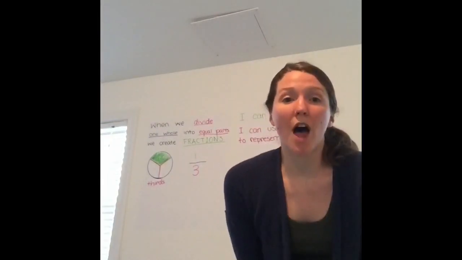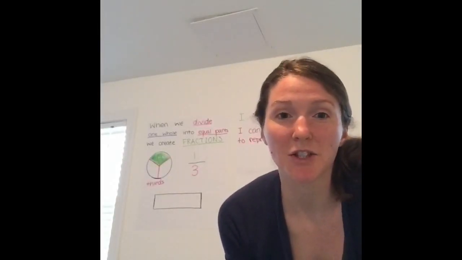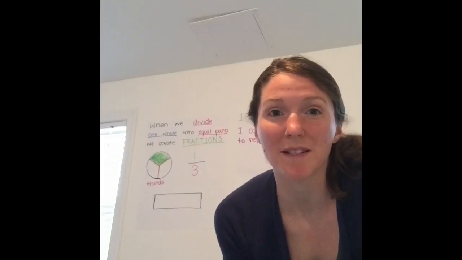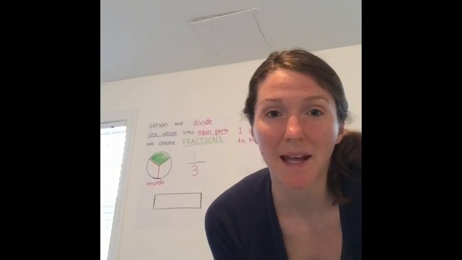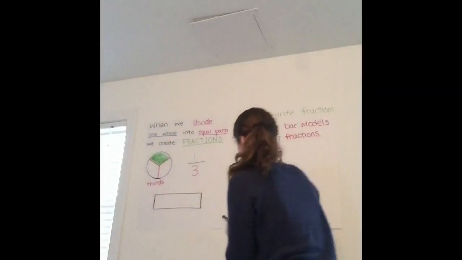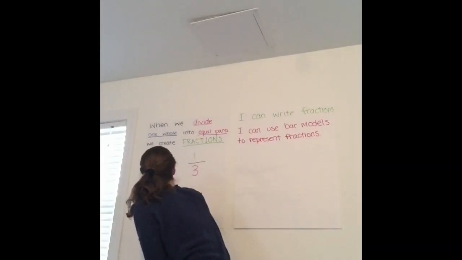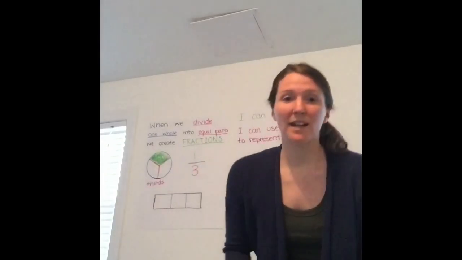Now we're going to draw a bar model to represent 1/3. So now instead of a circle, my one whole is going to be one rectangle. And I'm going to divide my one rectangle into 3 equal parts. All right?